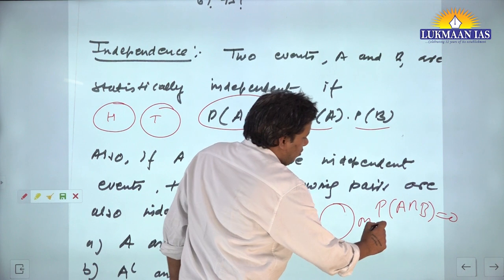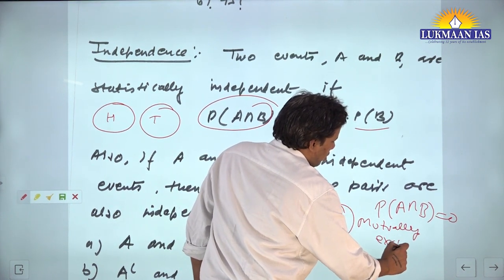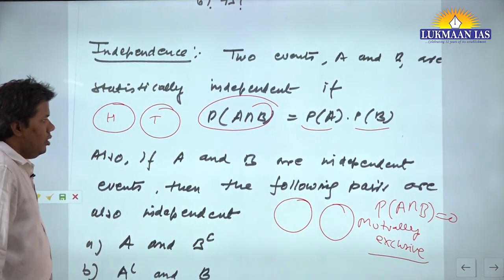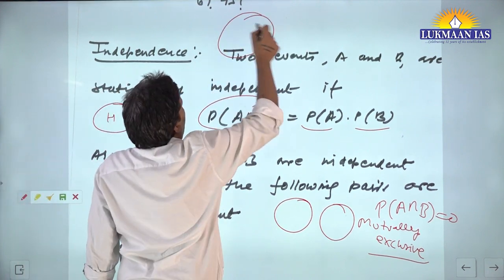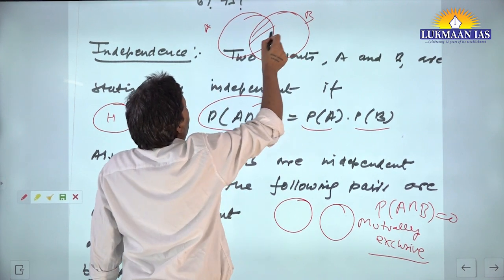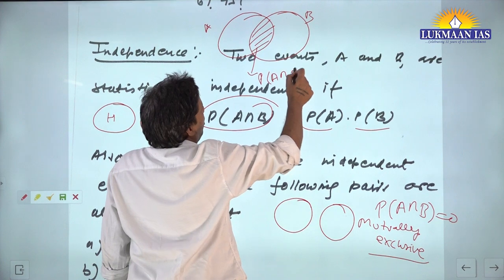Mutually exclusive, right? Intersection of A and B, I think everybody knows. This is A, this is B, and this area is called the intersection.